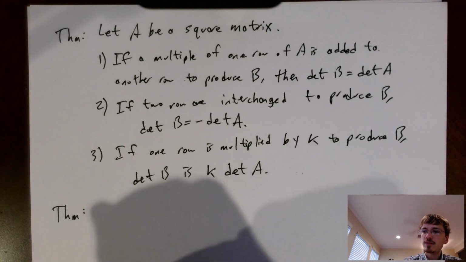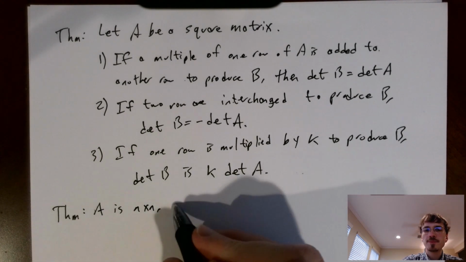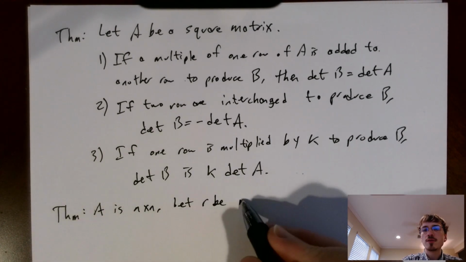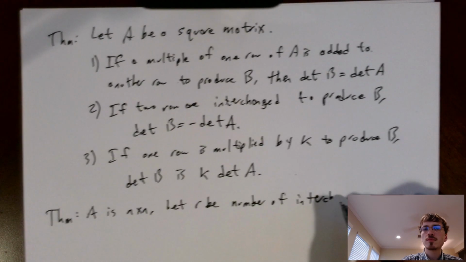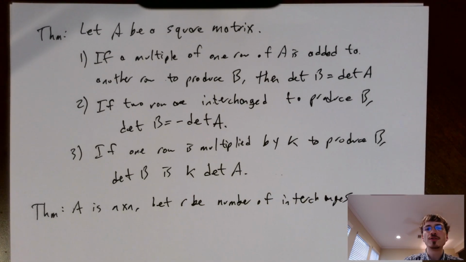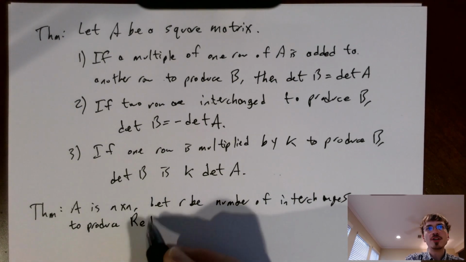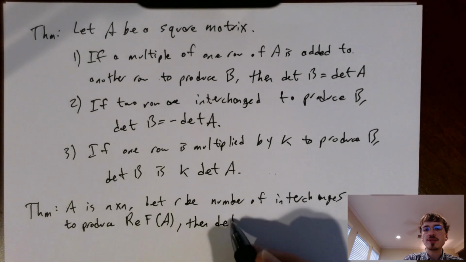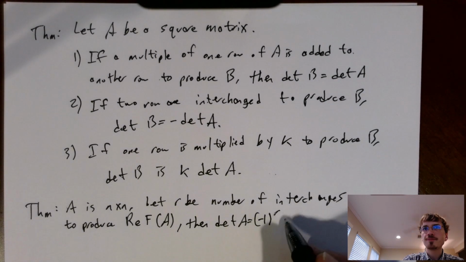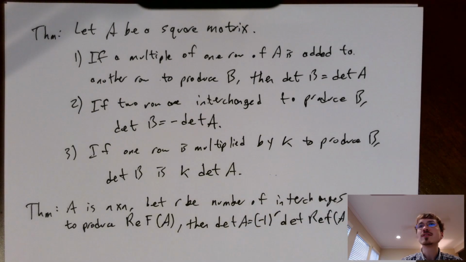And so if we have an n by n matrix, and let R be the number of interchanges to produce the row echelon form of A, then we have that the determinant of A is negative 1 to the R times the determinant of the row echelon form of A. And that's kind of nice.